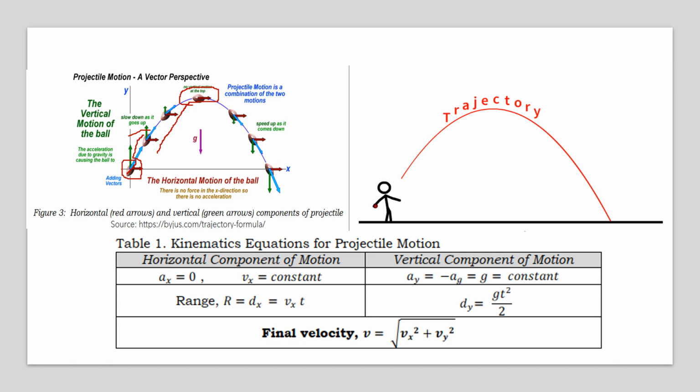Projectile motion is a combination of the two motions. As I said earlier, projectile motion is a combination of a vertical dimension and a horizontal dimension. After reaching the highest height, the ball speeds up as it comes down. The reason for that is the acceleration due to gravity, which is the Earth's gravity, constant and equal to negative 9.8 meters per second squared.